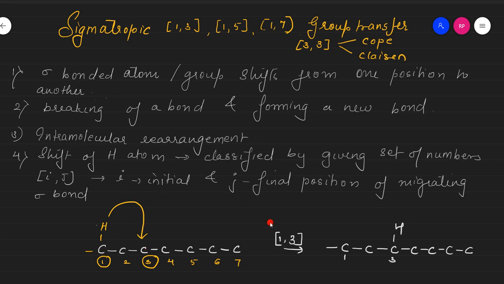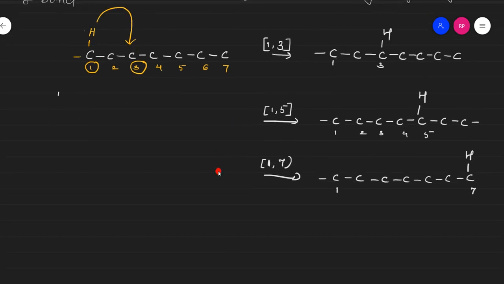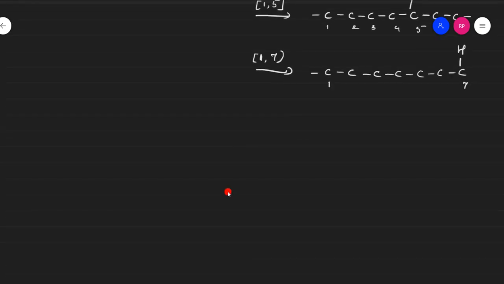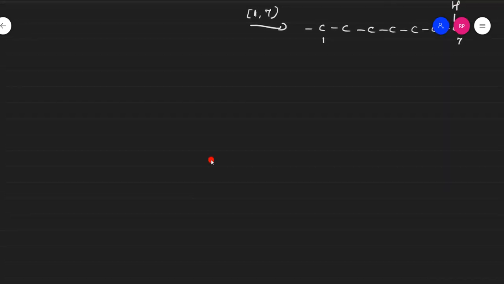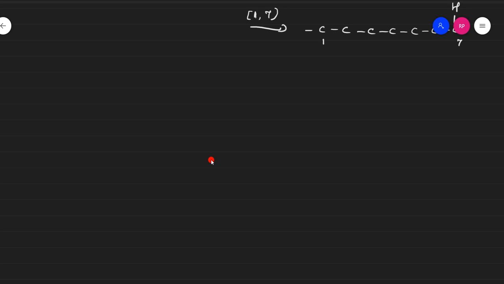This is an intramolecular reaction, and depending upon the positions, you have a set of numbers like i,j, where i stands for initial and j for final position. Depending upon that, we have 1-3, 1-5, and 1-7 sigmatropic reactions. Which transfer takes place depends upon the stability of the cyclic transition state. Let's study some examples.